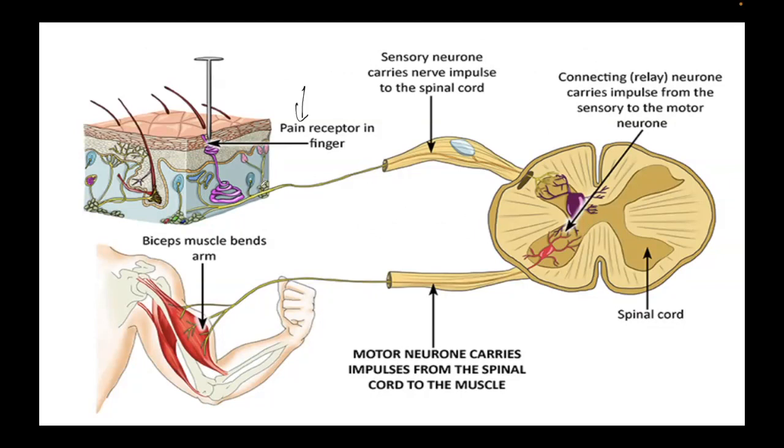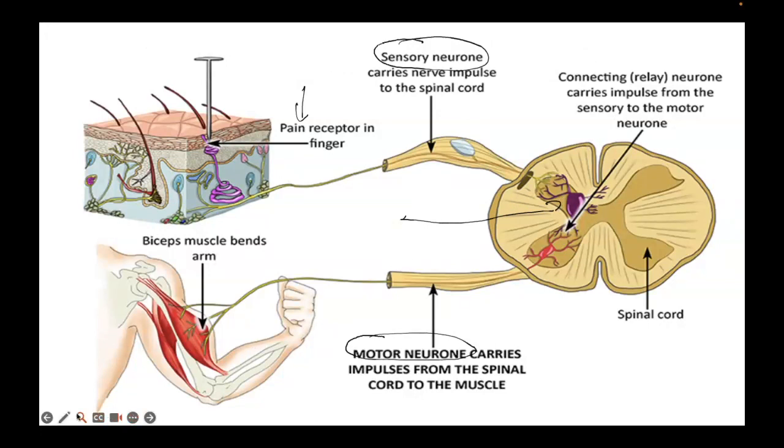That receptor is going to send the information through a sensory neuron. And the sensory neuron comes in, will relay that information to a motor neuron to make the muscle contract, to withdraw from the painful stimulus. The relay is the interneuron, this right here in the middle, this connection.